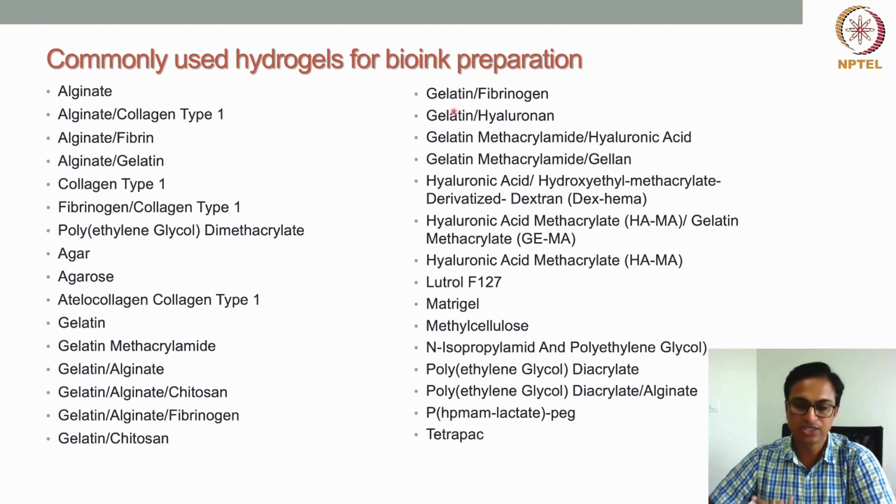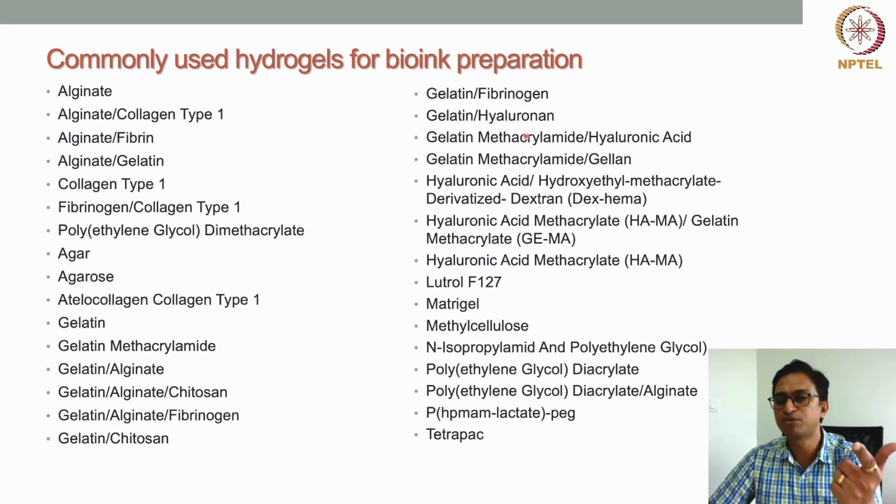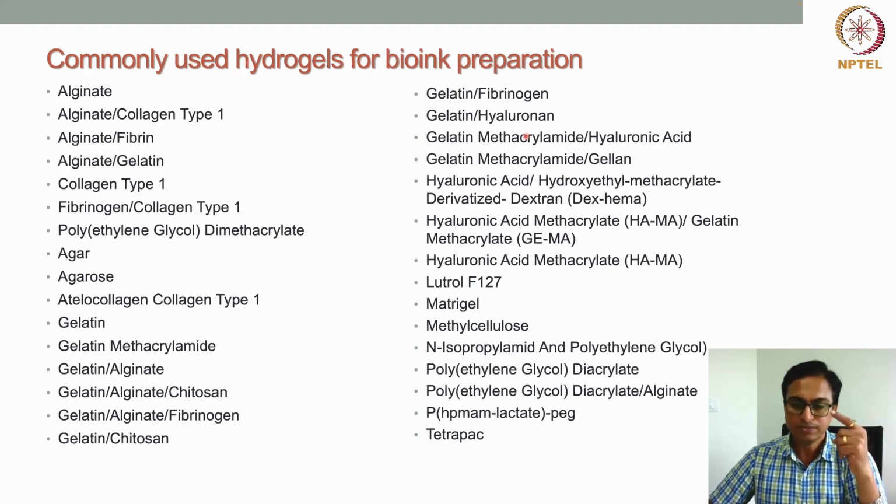Highly concentrated gelatin doesn't provide a very good microenvironment for the cell to serve cellular viability and cellular function. That's why some other biomaterials have been incorporated, by which the printability can be improved further without actually increasing the density or concentration of the gelatin material.